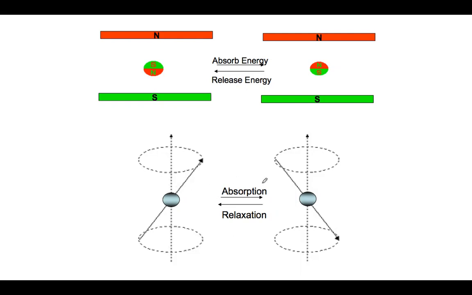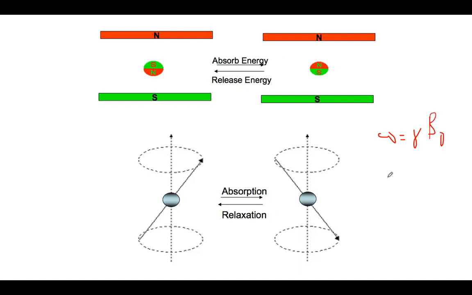So here we have an absorption event, which happens whenever the radio frequency electromagnetic radiation is absorbed by the nucleus, if it is of the correct wavelength, which corresponds to the energy required to flip between these two states. And remember, that energy is proportional to the strength of the applied magnetic field. If we remember back, the angular momentum is equal to the gyromagnetic ratio times the applied magnetic field.